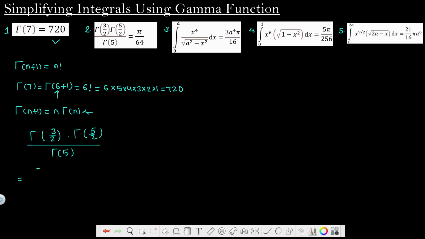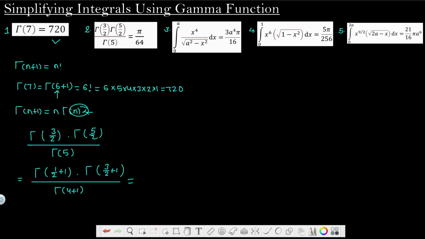Gamma 3 over 2 is the same as gamma 1 over 2 plus 1, gamma 5 over 2 is the same as gamma 3 over 2 plus 1, and gamma 5 is the same as gamma 4 plus 1. So here our n is 1 over 2.